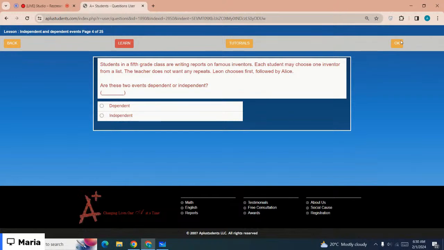Students in the fifth grade class are writing reports on famous inventors. Each student may choose one inventor from a list. The teacher does not want any repeats. Leon chooses first, followed by Alice. Are these two events dependent or independent?